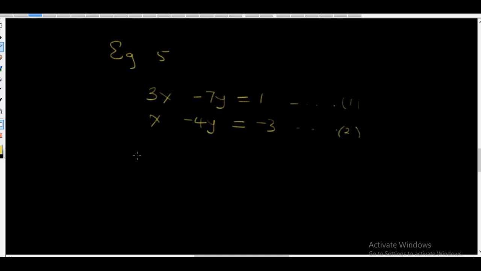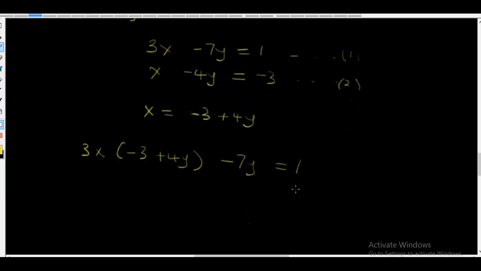So what we'll do now is that from equation 2, x is equal to minus 3 plus 4y. From equation 2, x is equal to minus 3 plus 4y. So we're going to substitute for x in equation 1, so instead of x we write 3 times (minus 3 plus 4y) minus 7y is equal to 1.